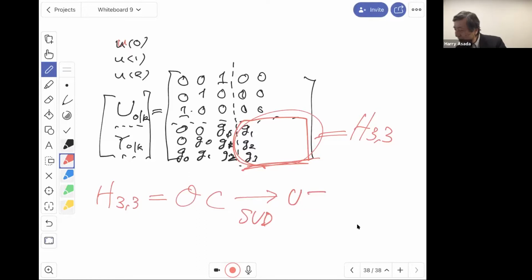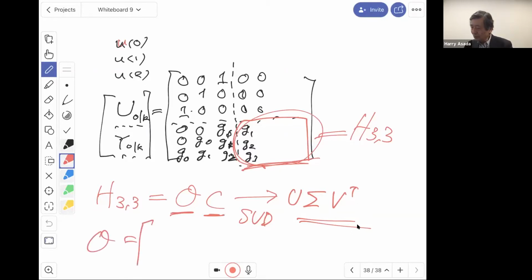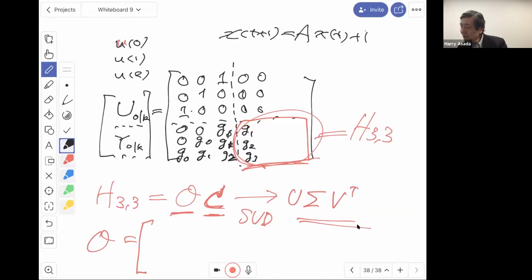decomposed to something, sigma, and V transposed, right? So from here, you can find the O and the C. Yeah, this one is a little different, the controllability matrix. So let me write this, and we're talking about the system x(t+1) equals Ax(t) plus Bu(t), right?